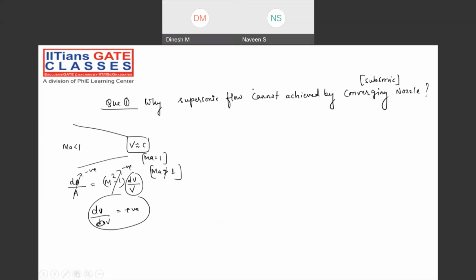Tell me guys. Yes, any answer, any answer. It need not be correct. Whatever answer is coming to your minds, just try to give me. See, you are observing that from the area ratio, the velocity is positive. That means velocity is increasing. But why are we not able to increase beyond Mach number 1?